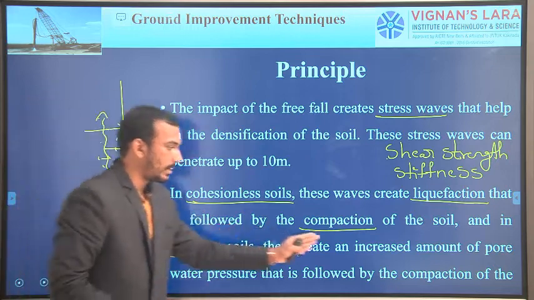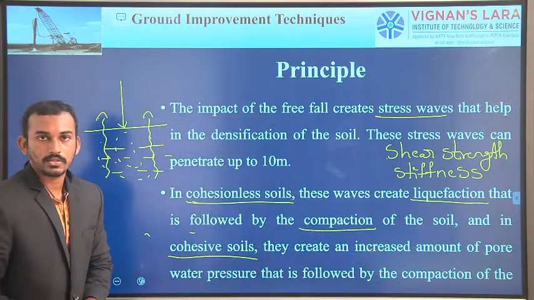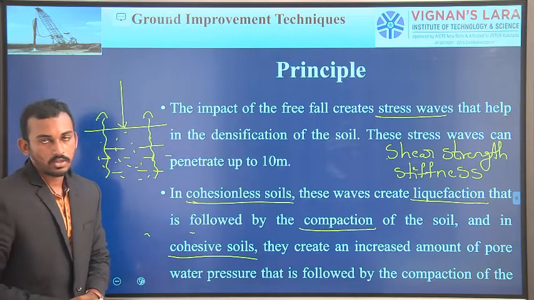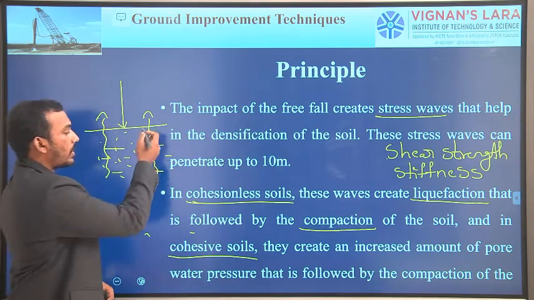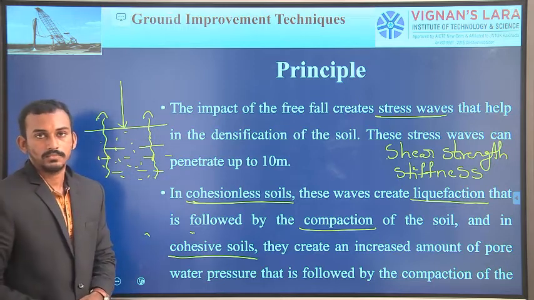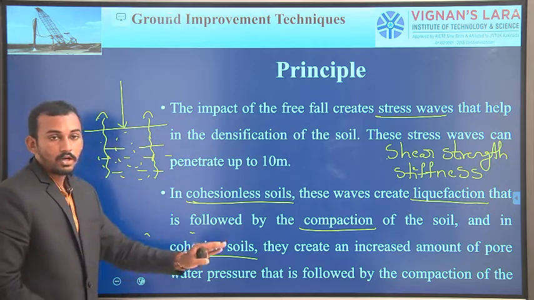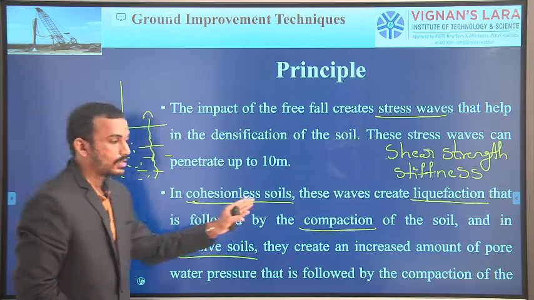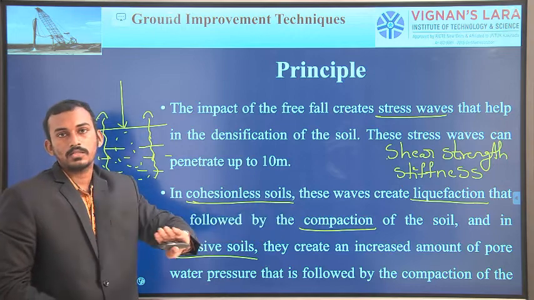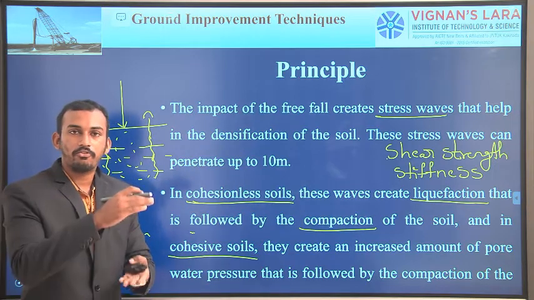So what is it doing? It increases the pore water pressure, that is, more water is coming out of the soil. As more water is removed from the soil, it gets settled. So this is the phenomenon in cohesive soils. In cohesionless soils, it creates liquefaction. Simply, it loses its stiffness and is free to deform.